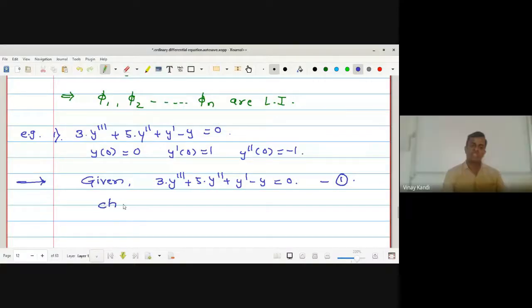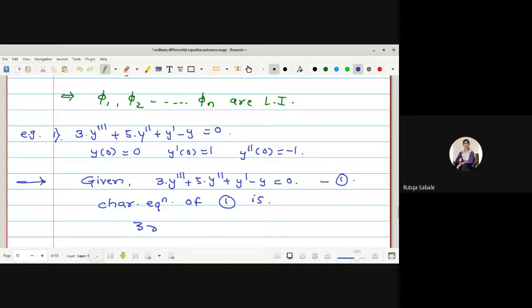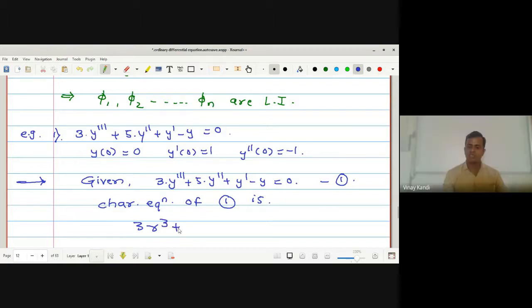Now the characteristic equation of 1 is given by 3r^3 + 5r^2 + r - 1 = 0.